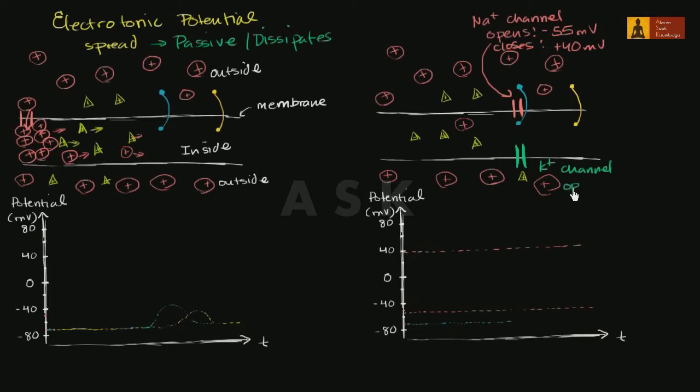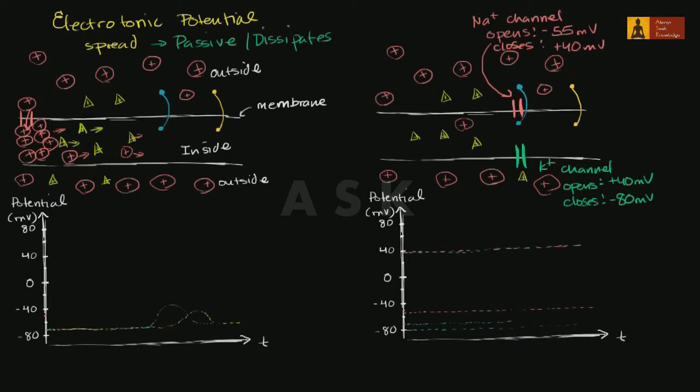So it opens, just for the sake of argument, these aren't going to be the exact numbers, but to give you the idea, at positive 40 millivolts. And let's say it closes at negative 80 millivolts. So that one opens up here, and then it closes down here.